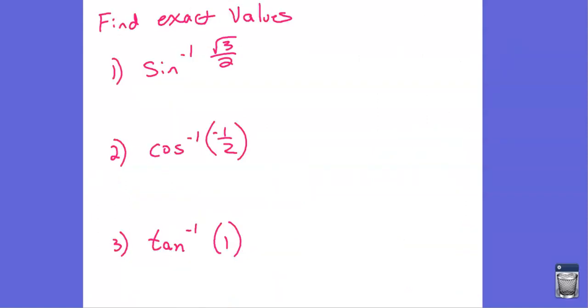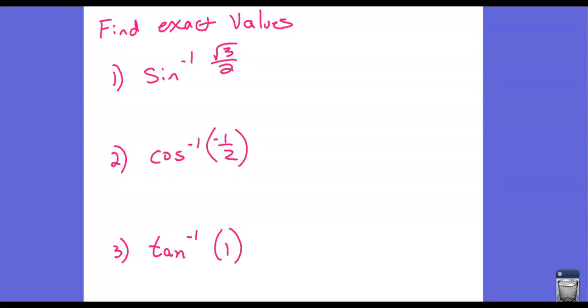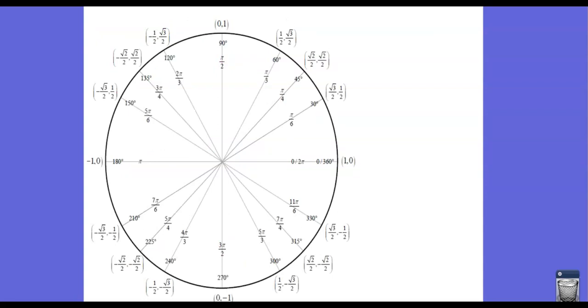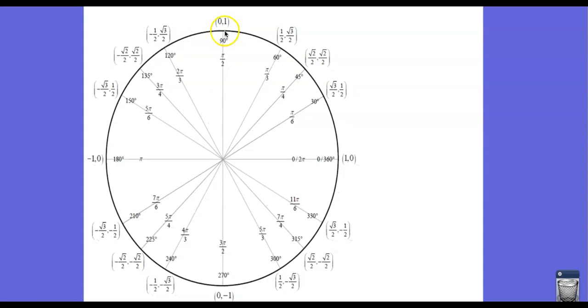All right, so let's talk about finding the exact values of inverse functions of some of the trig functions. Here, finding exact values: the inverse sine of square root of 3 over 2. What's going to help us a lot is going back to the unit circle, and remembering the restricted domain of sine is from here to here.